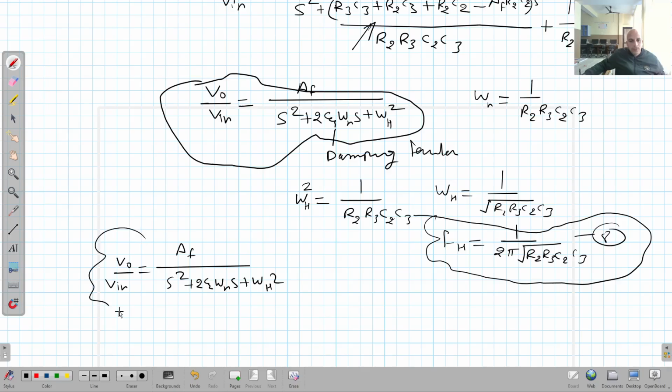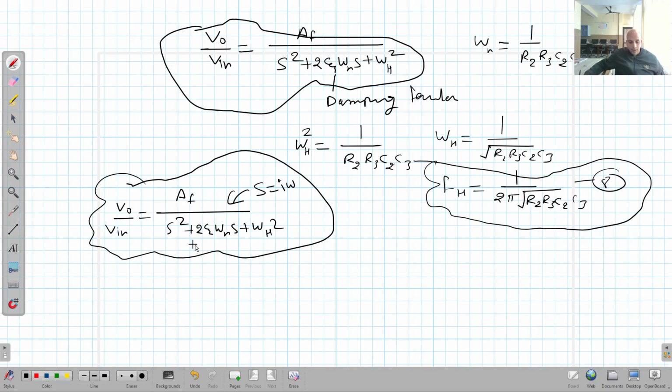This is the expression for a transfer function. Clear? Now if I put S is equal to j omega in this equation and then take the magnitude of it, then we can see it will come out to be V output upon V input magnitude.